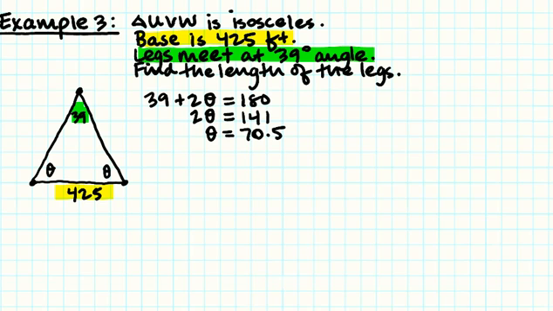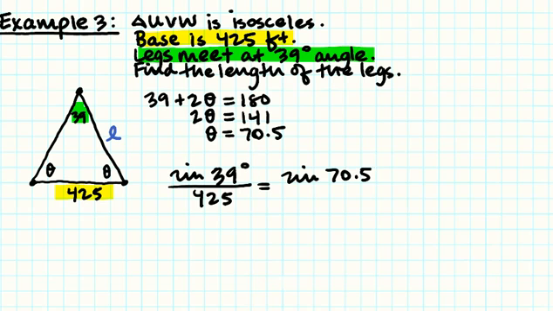Okay, what we're going to do is set up for the law of sines, because the leg that I'm looking for is this, let's call that L. So I can say that the sine of 39 over 425 is equal to sine of 70.5 divided by L. So L, I lost my place, got distracted.